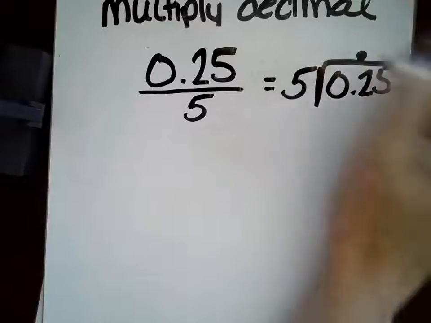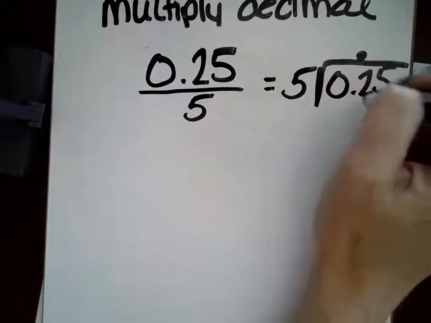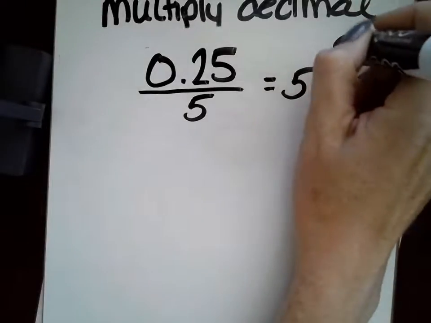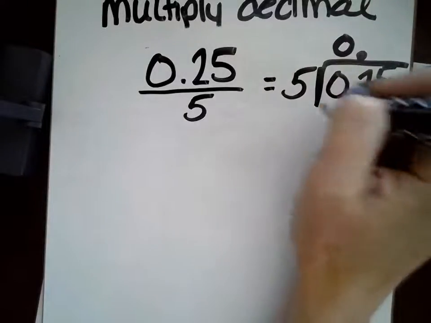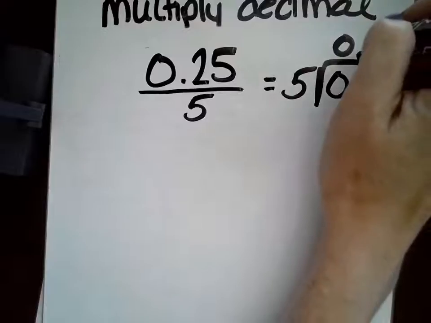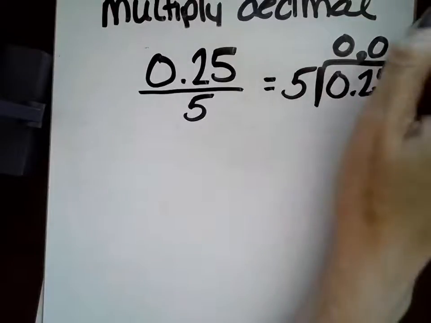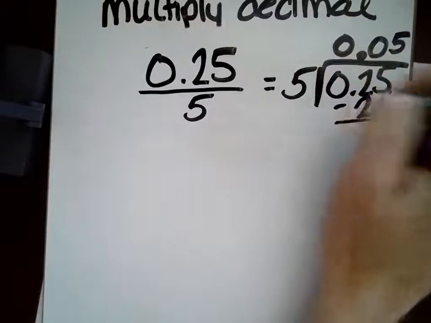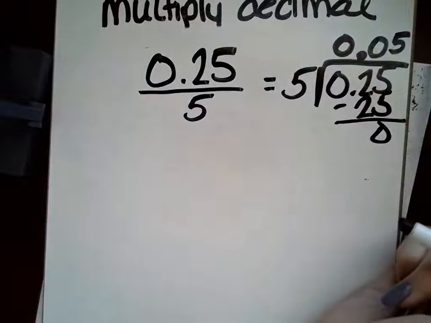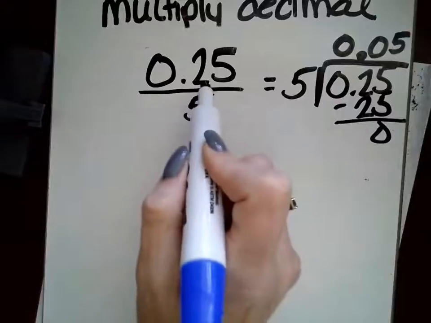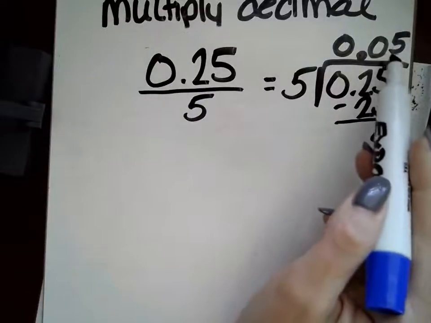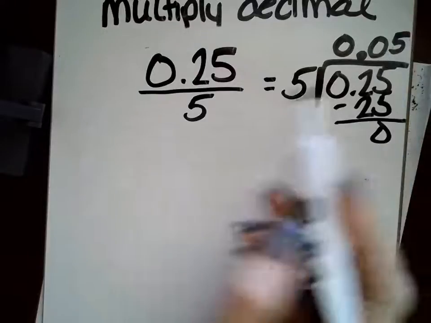We're going to put our decimal point right above, so it just comes right up. 5 doesn't go into 0. 5 doesn't go into 2, but 5 goes into 25 5 times. Twenty-five hundredths divided by 5 is 5 hundredths.